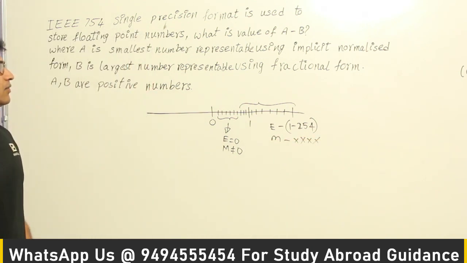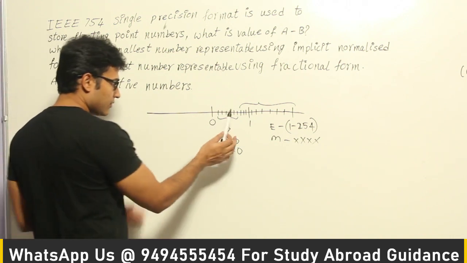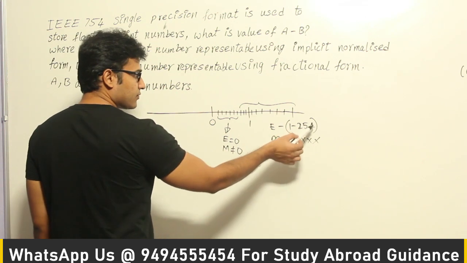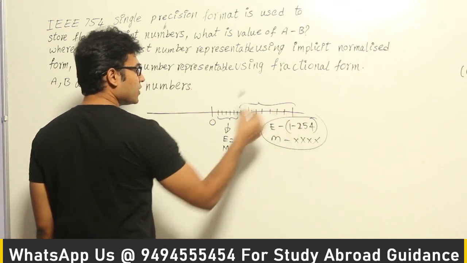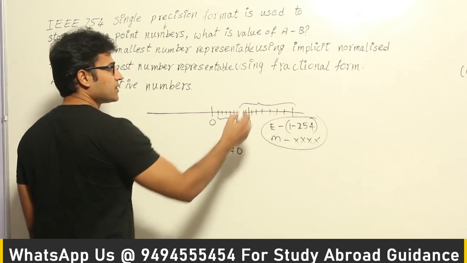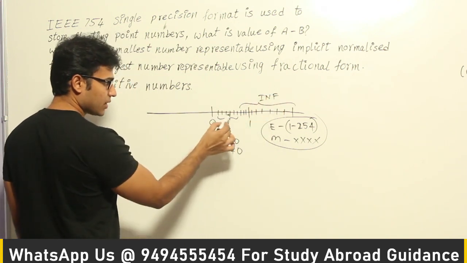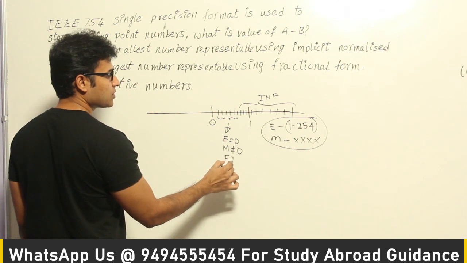Now if you observe, this is the way the representation has been done. The case where e is ranging from 1 to 254 is called implicit normalized form, and these numbers are called fractional form.